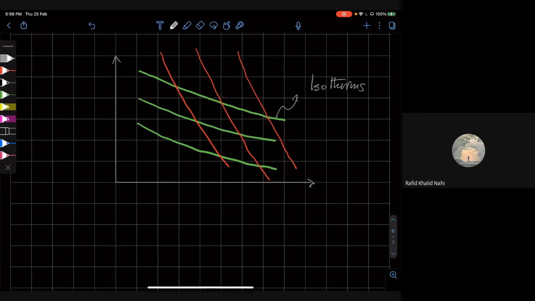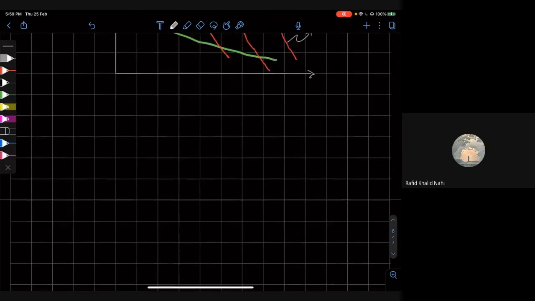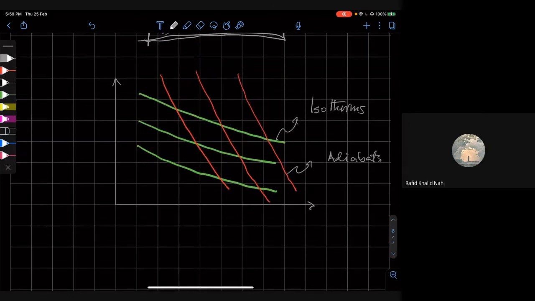So on an isotherm, the temperature is constant, and on the adiabats, something else is constant. Okay, so any questions so far? So we've been just introducing some concepts so that it can facilitate the discussion of the second law.